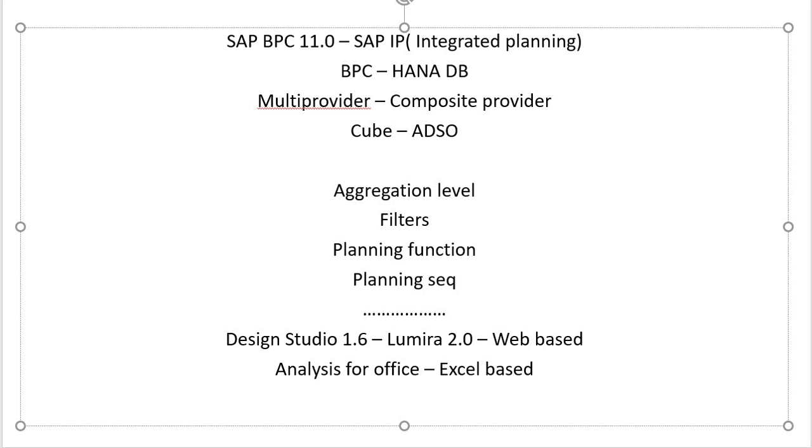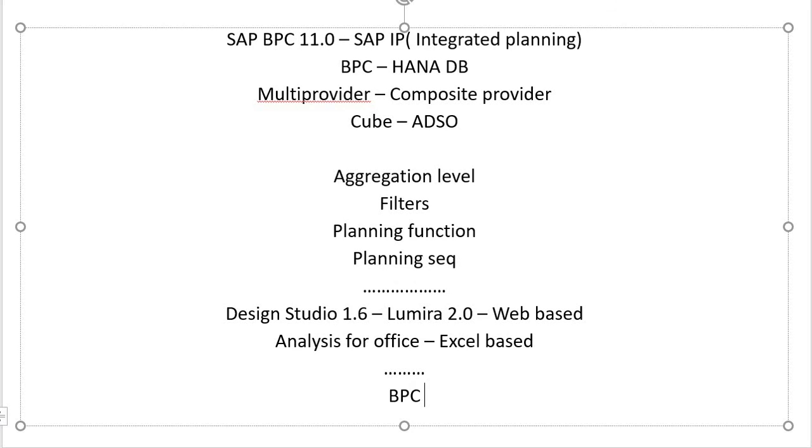The only change that we cannot have in the older versions of the license, but have in the newer version, is the BPC client. So what is that? It's the BPC client. The BPC client is a new tool which comes with the SAP BPC 11.0 license.